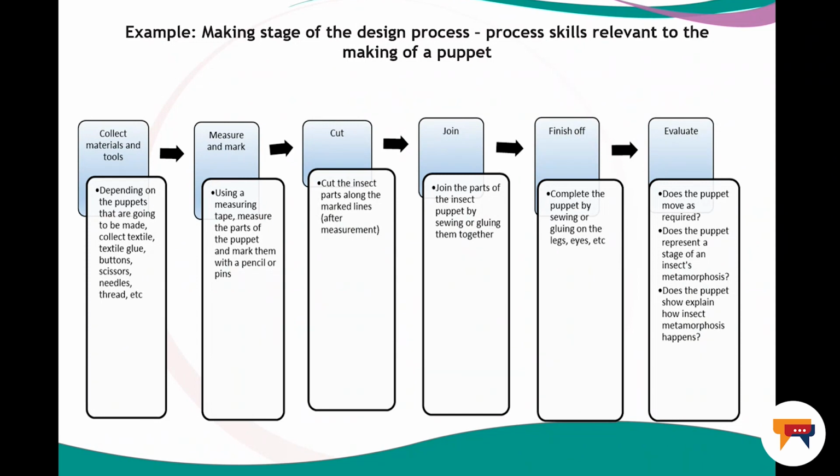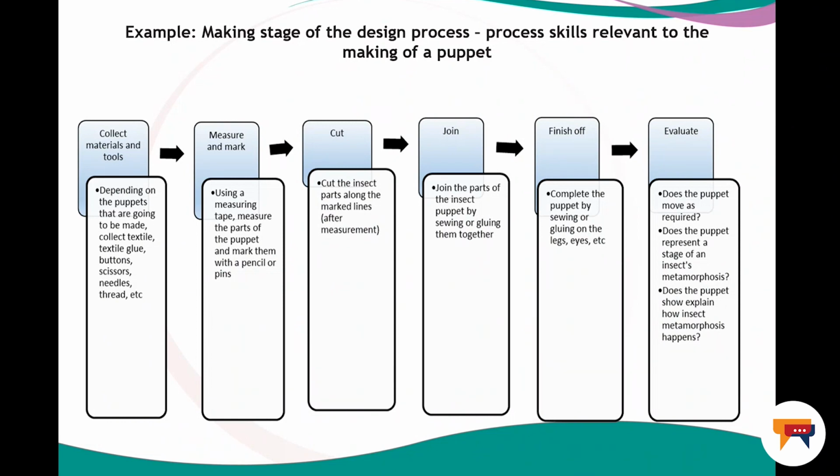And also that when they join things together, by sewing or gluing them together, we need to show them exactly how to join something together, and finishing it off, completing it by making sure they add all the details that are important for the puppet to have, or the structure, or whatever the case may be. And also, can they move the puppet?